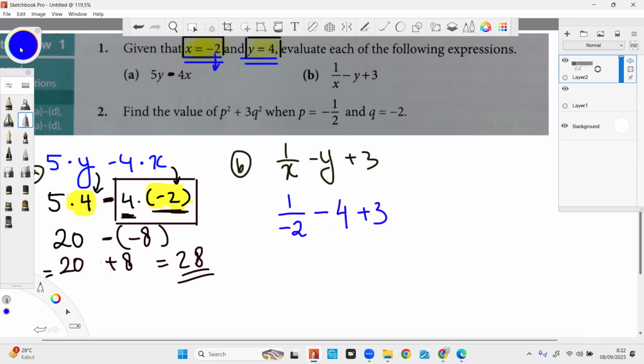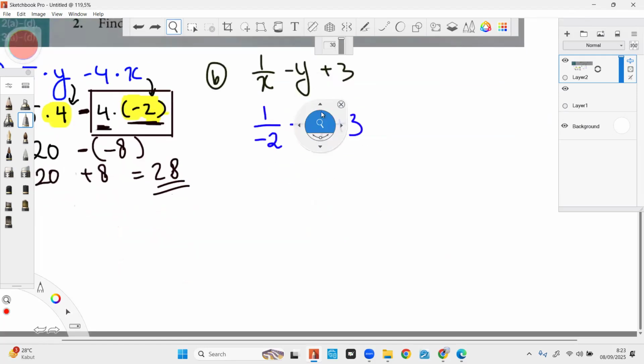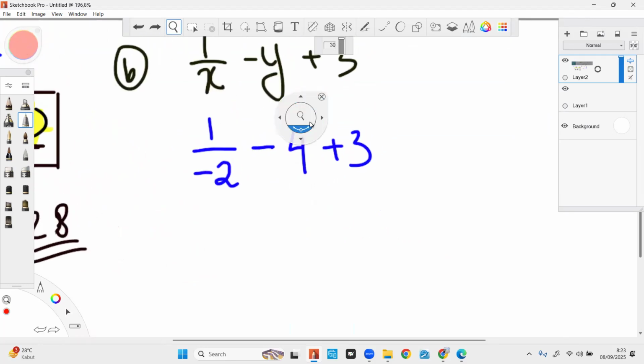Now, the common misconception, you do this. No, you can't do that. Why? Because you have to do first things first. First come, first serve. Minus and plus are actually the same level. So first come, first serve. But we have the problem here.